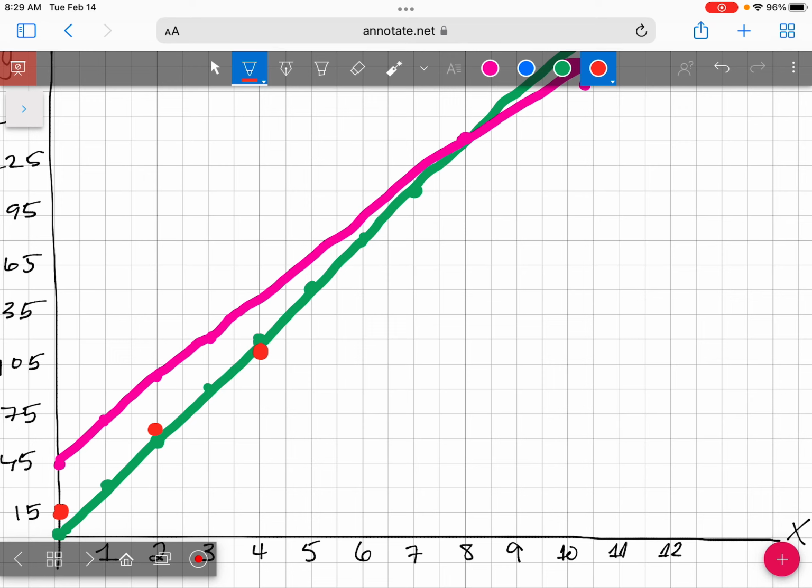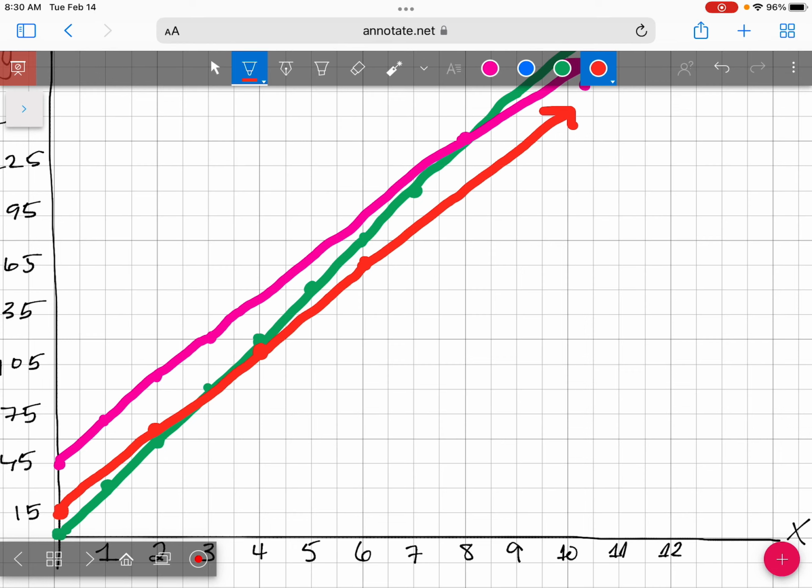So it's 115 plus 50. 165. Okay, that's like good enough points for this. And there we have Helen's line, right?